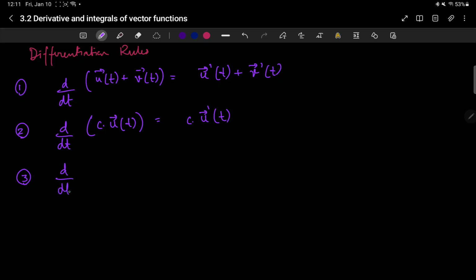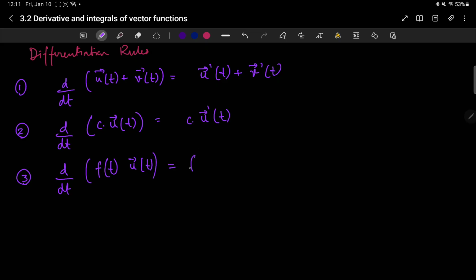The next one is multiplication. There are three or four different multiplications that we can work with here. You can also have a functional multiplication, f(t), where f is no longer a vector valued function, it's just a regular old function of t. In this case, we have a product rule scenario.